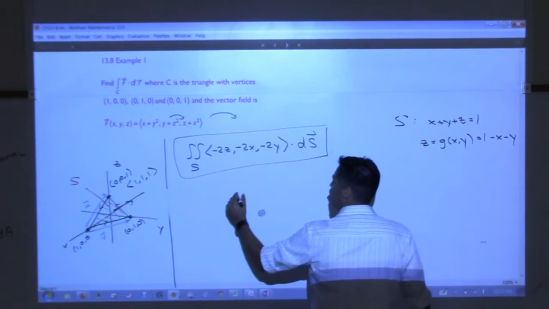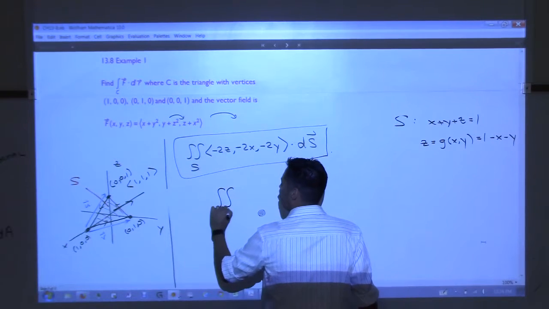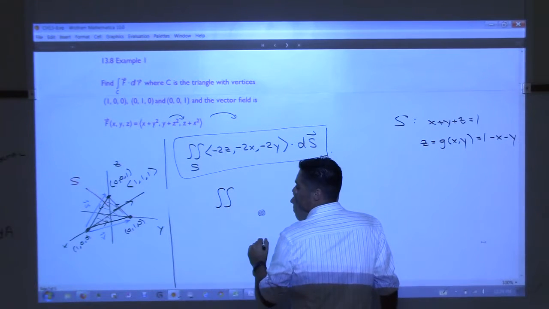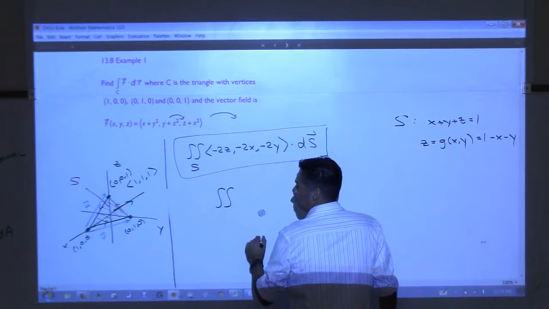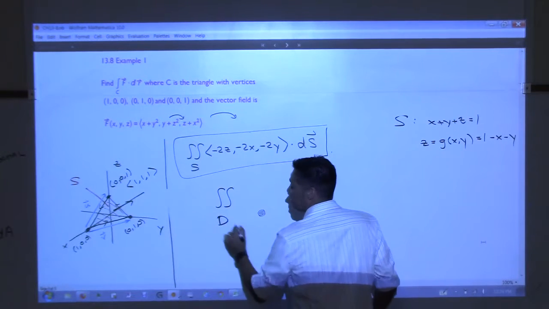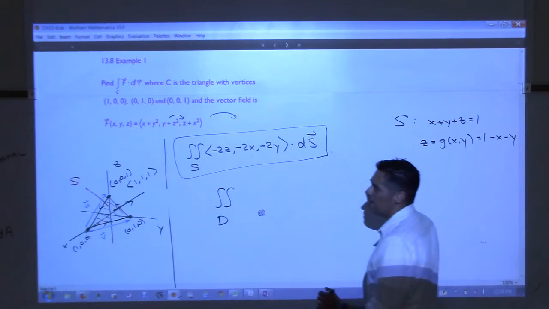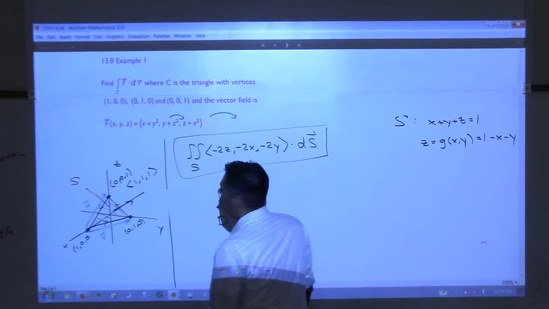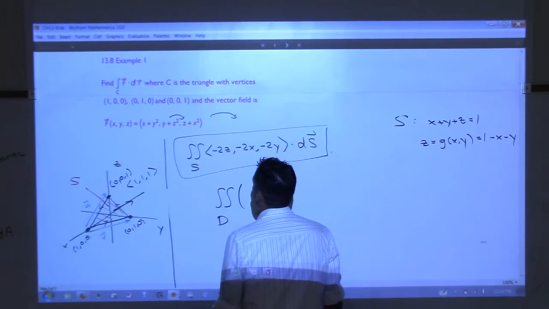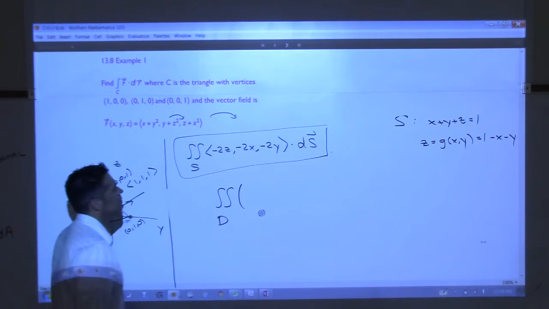So this would become the double integral over what? D. Now D is going to be the variables controlling the surface, which are x and y, right? And then I'm going to have negative P. What's negative P? Be very careful here.